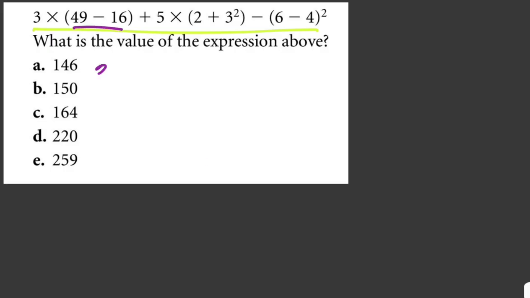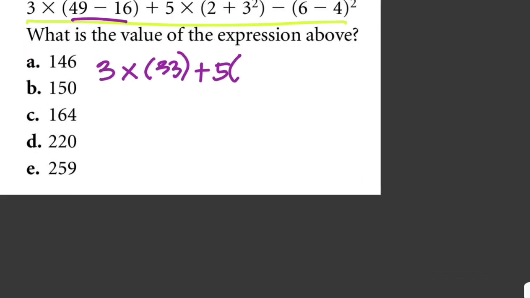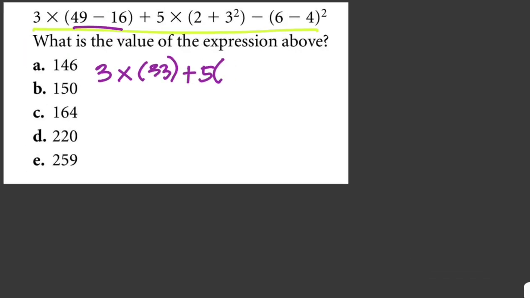So this would become 3 times 49 minus 16 is 33, plus 5 times 2 plus 3 squared. So we perform 3 squared first. So that is 2 plus 9, minus 6 minus 4, that is 2 squared.